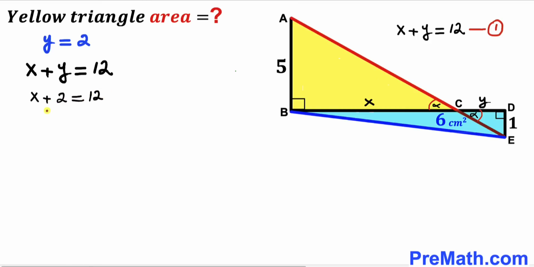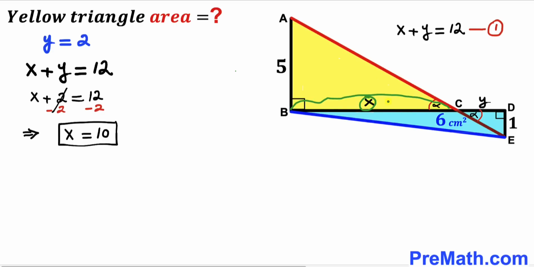Now I'm going to subtract 2 from both sides to isolate x. So our lowercase x value turns out to be 10 centimeters. Thus this BC length, represented by x, is 10 centimeters.